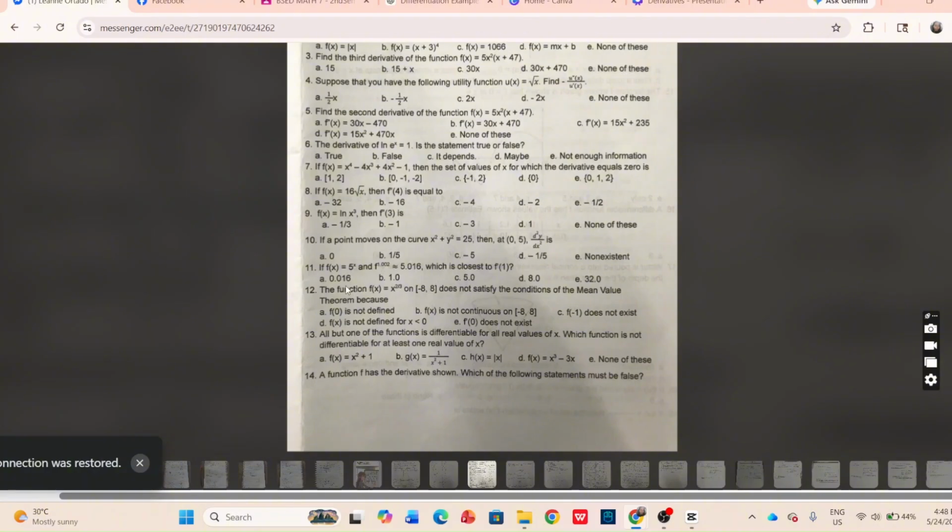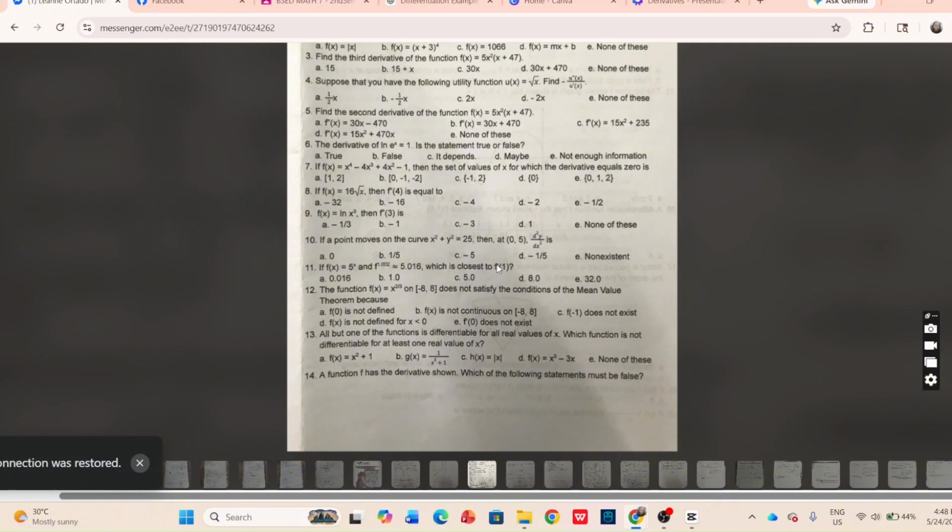Number 11. If f of x equals e to the x and e to the 1.002 is approximately 5.016, which is closest to f prime of 1. So what we are going to do is to estimate f prime of 1.